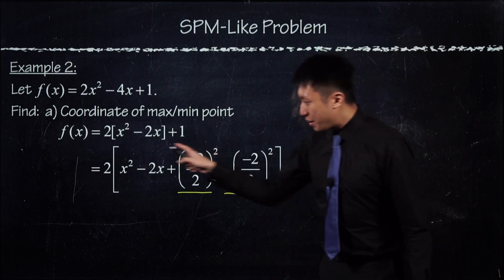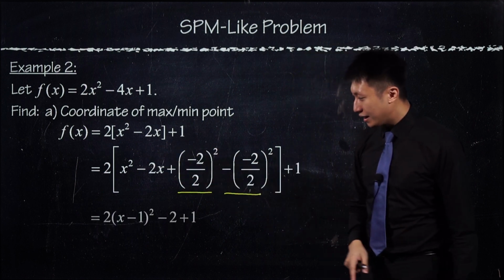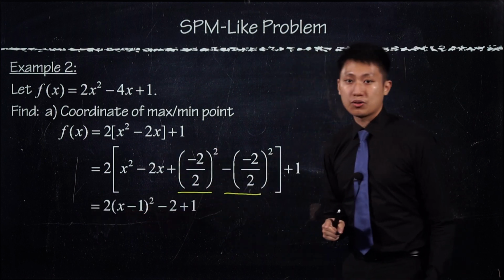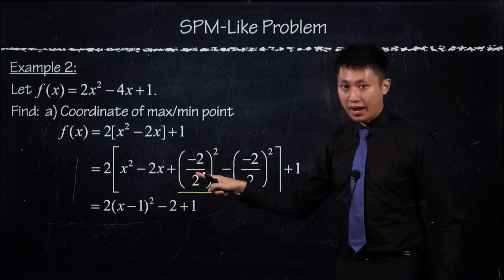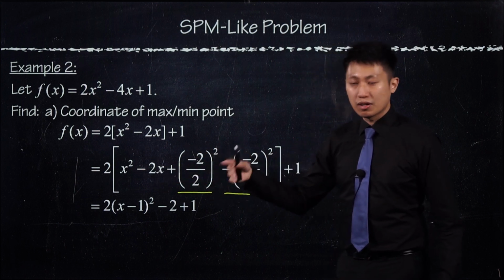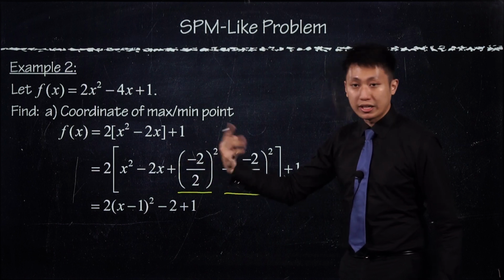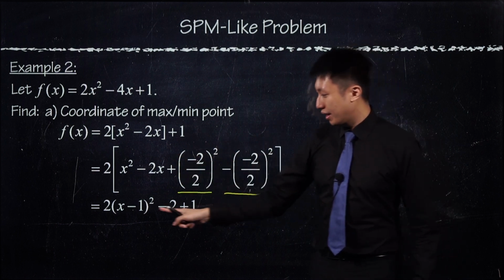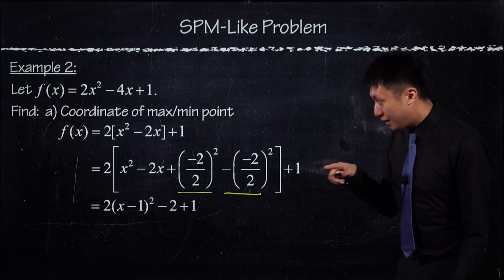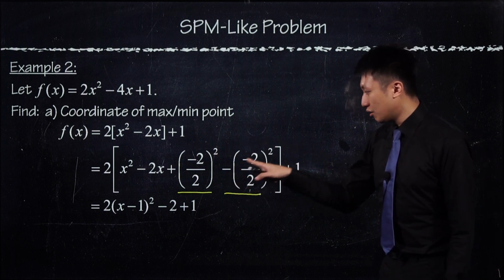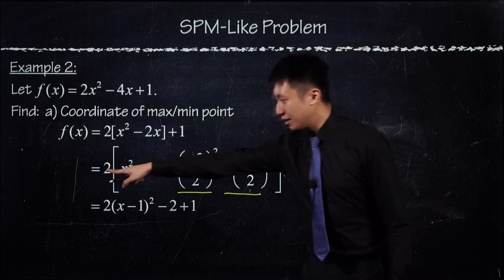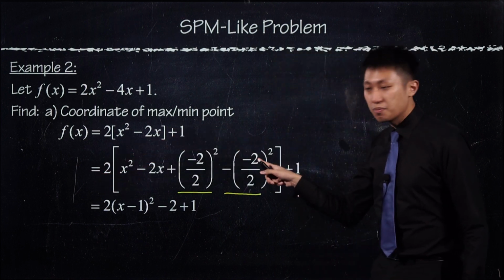So I combine these 3 terms, then I write it as (x minus 1) squared. Here you get -1, but there's a 2, so you need to remember to multiply in.